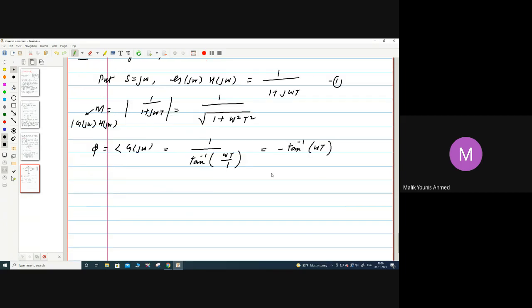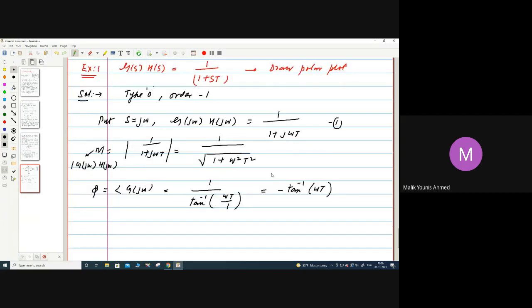Now I have to check. I need not go for all the points. I will check 2 very important points. Because omega has to be varied from 0 to infinity, I will check the first point and the last point. For omega equal to 0, what is the magnitude?